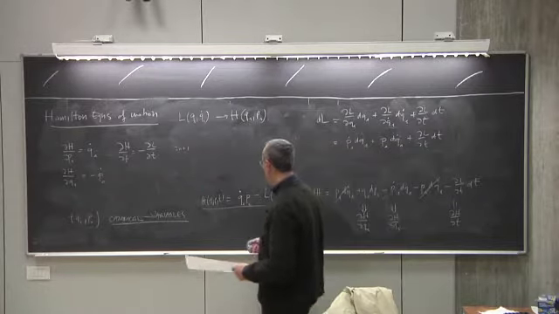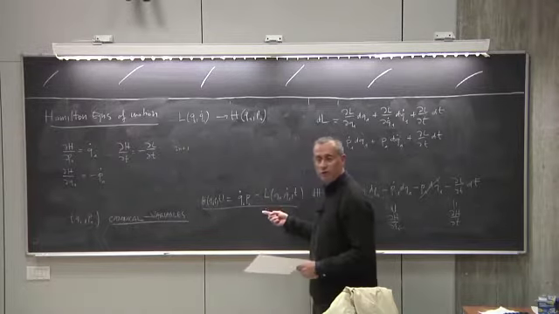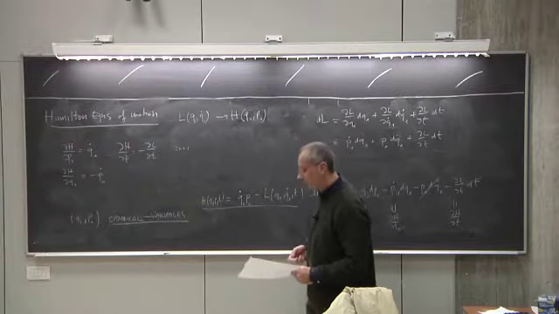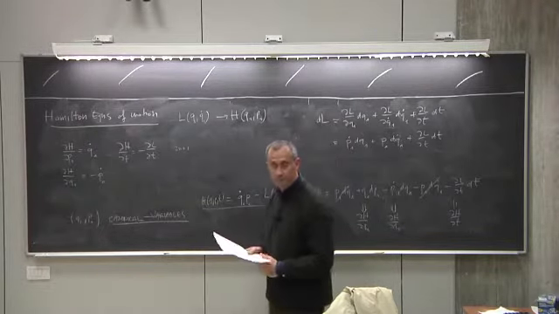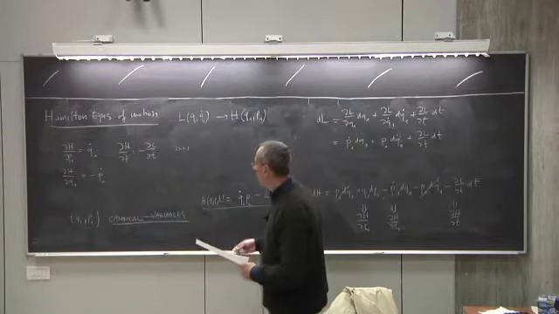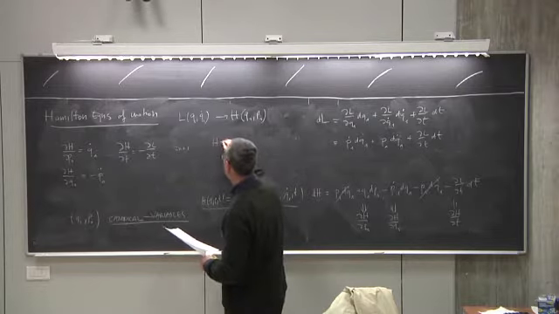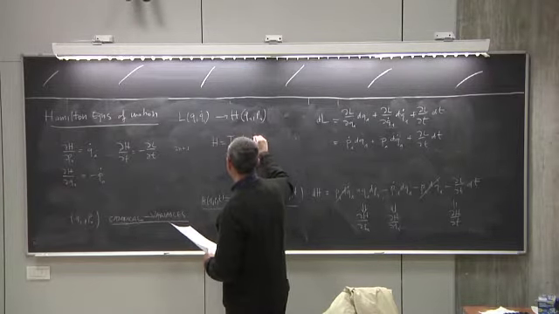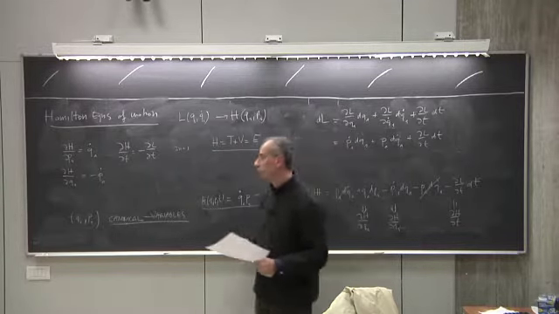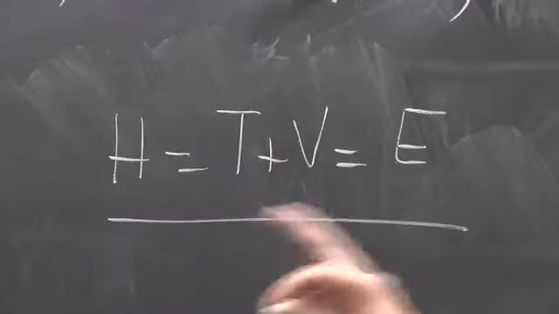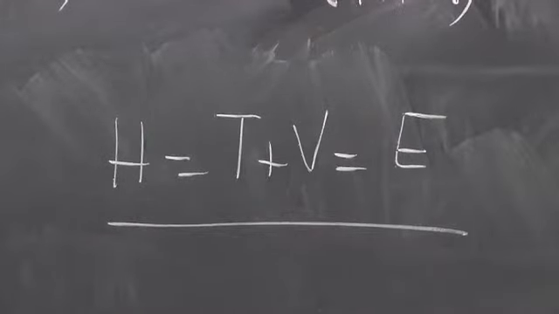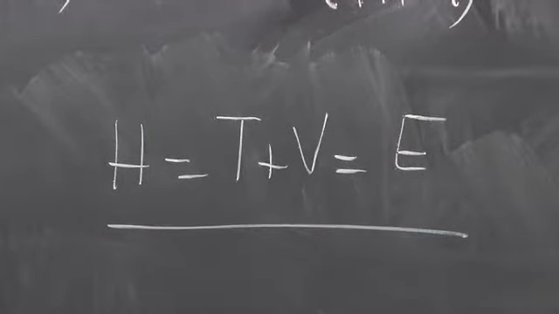So usually one goes through the Lagrangian. You first write the Lagrangian and then you derive the Hamiltonian. Or if it happens that the energy is conserved, then you can prove that the Hamiltonian is in fact T plus V. That is, it coincides with the energy. So in most of the systems that we are going to discuss, it's easy to write the Hamiltonian because it's just the energy written in terms of the generalized coordinates and generalized momenta.